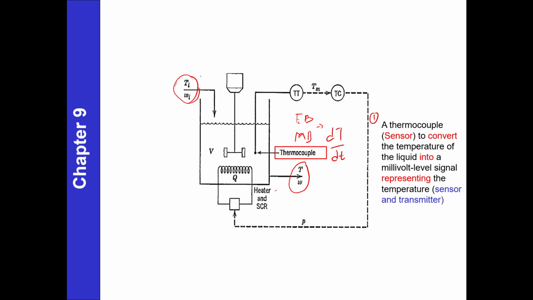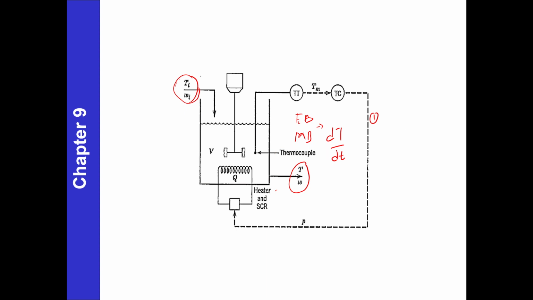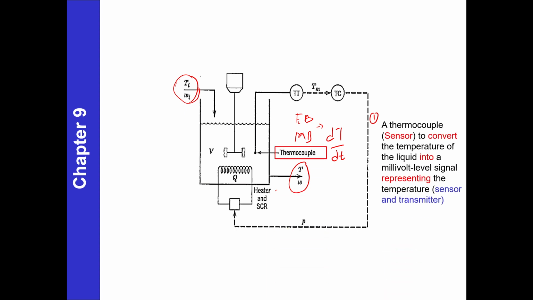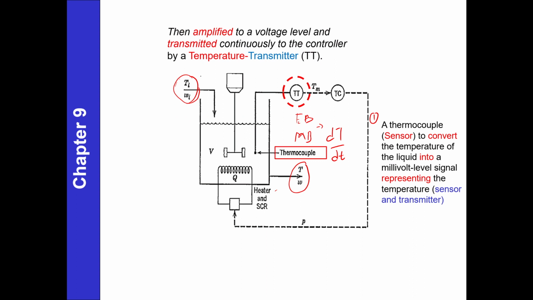Before sending to a controller, we need a transmitter here, TT, temperature transmitter. It will convert and amplify the voltage level so that the controller gets an appropriate level of voltage from the sensor.